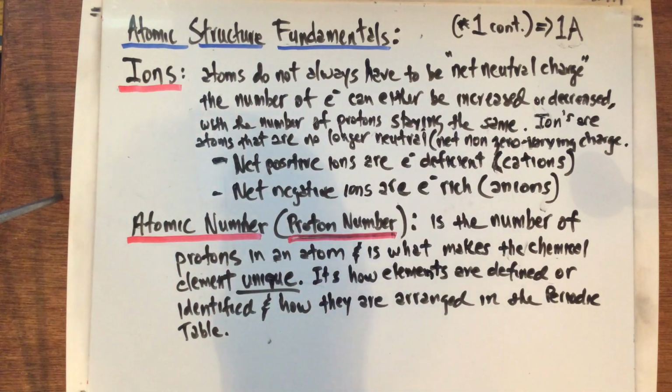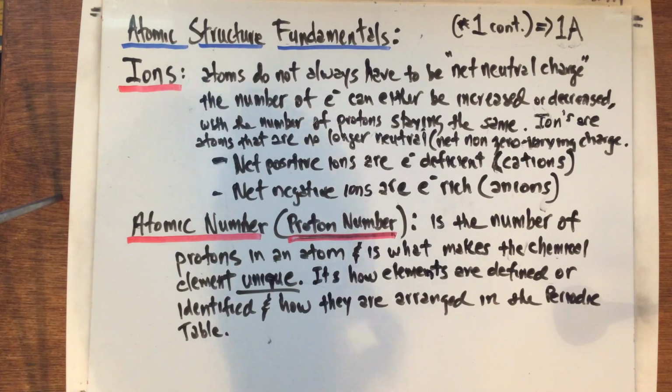Ions are important because they deal with a non-net neutral charge of atoms, because normally atoms are neutral, because protons, positive, and electrons, negative, equal each other, and so the net charge would be 0. But that's not always the case. They don't always have to be net neutral.